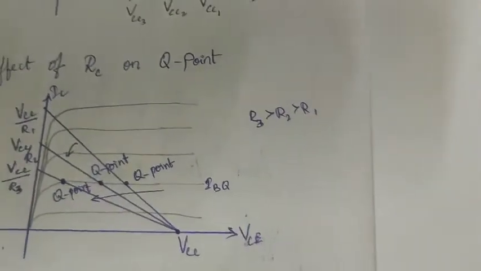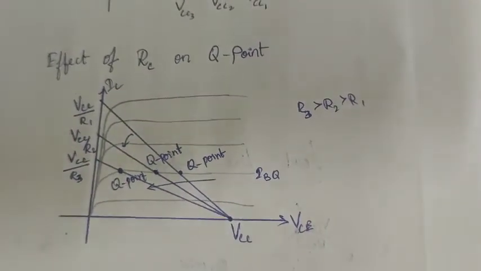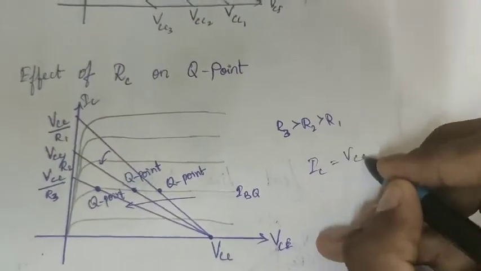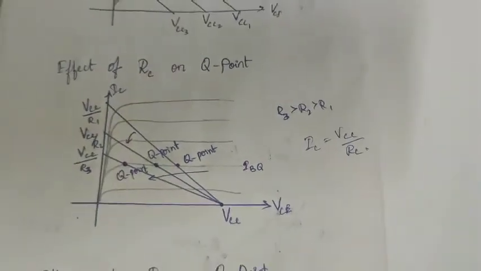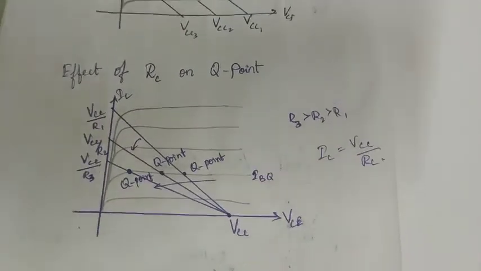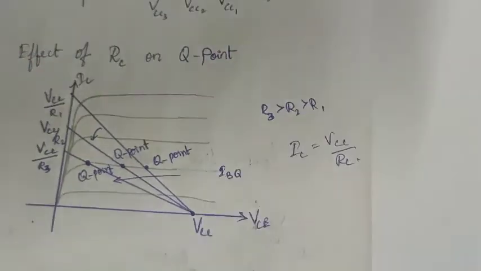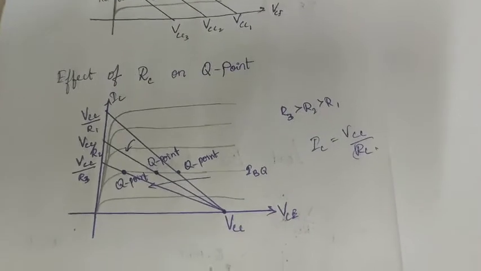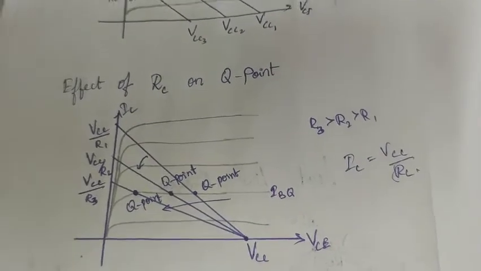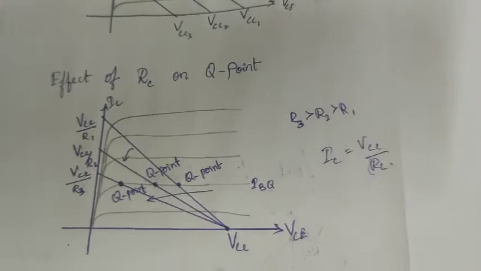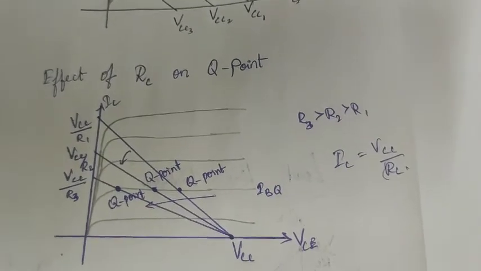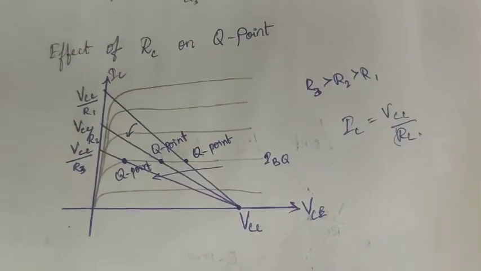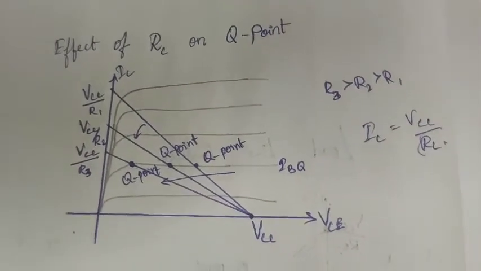And secondly, the effect of RC on Q point. IC is equal to VCC by RC. So when I increase or decrease the value of RC, when I increase RC I get a low value of IC, and when I decrease the value of RC I get a high value of IC.